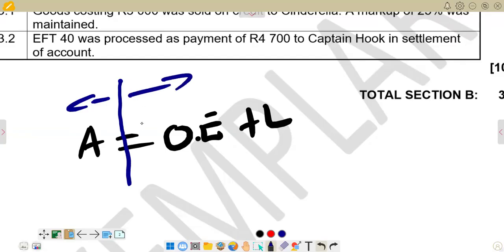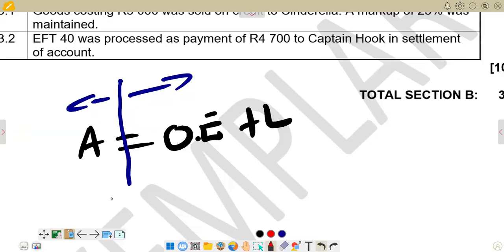In terms of the signs, a plus or minus, if a transaction is affecting both sides, let's say we are debiting assets and crediting liabilities, or entering in the assets or owner's equity.